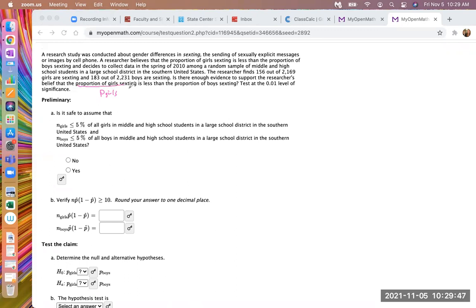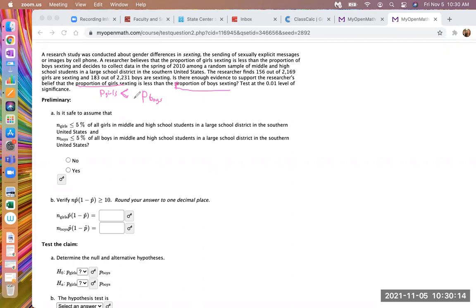If something is less than, it's smaller than, so the alligator's mouth is going to face away from that smaller value. It's less than the proportion of boys sexting. So the p for this proportion is p here, and then of boys, so we say p sub boys.